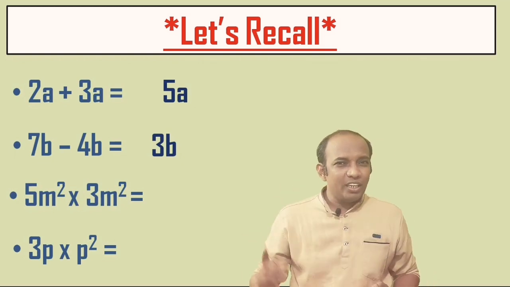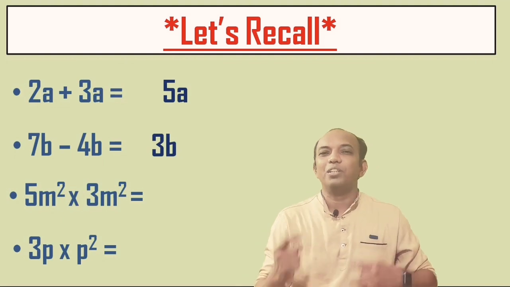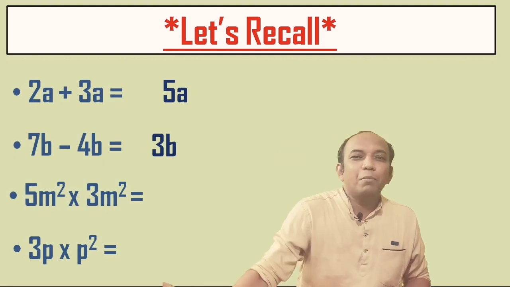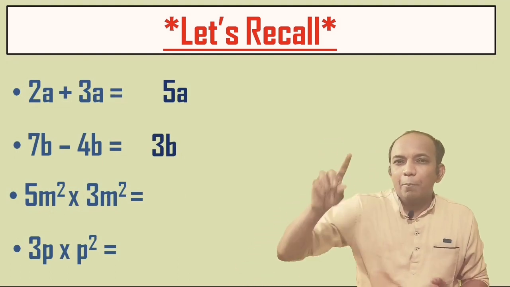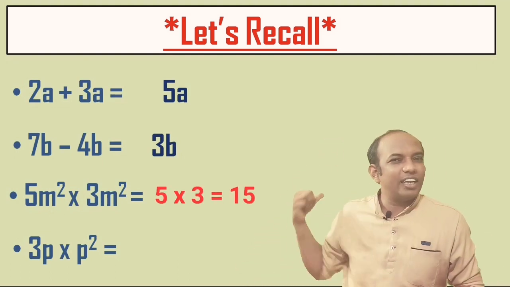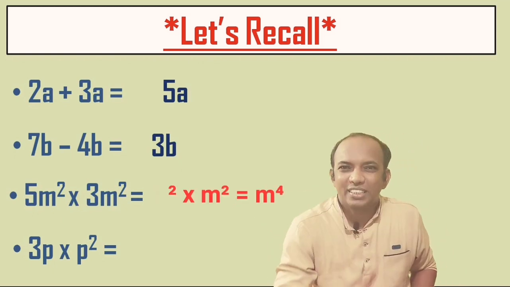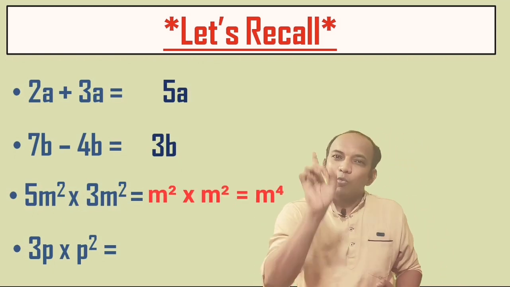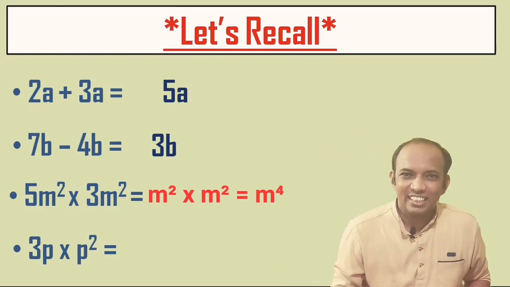Okay, the third one is in multiplication. So over here we have to be little cautious while doing the multiplication of variable into variable, that is letter into letter. Okay, so in multiplication, number into number first of all. So 5 into 3 we get answer 15, and then m square into m square, how much is the answer? Yes, here while doing m square into m square we have to apply the rules of indices.